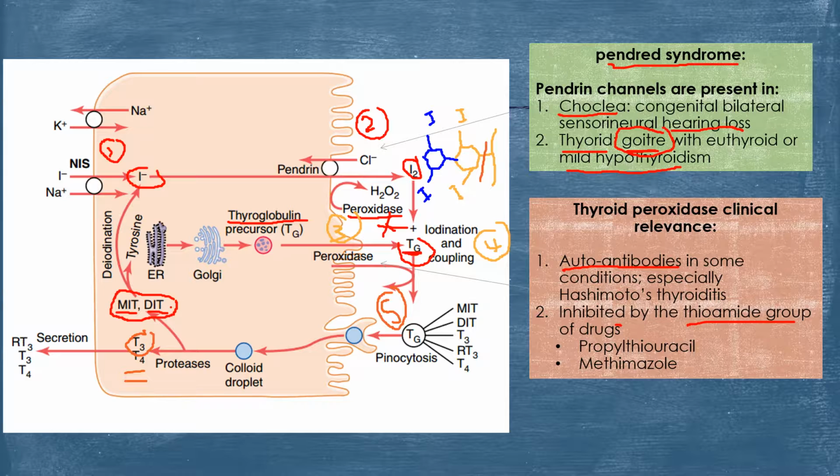So the best way to get rid of them is, again, to deiodinate them and make use of their iodine. So this process is called recycling.